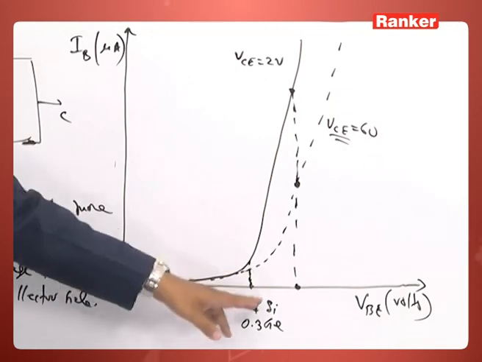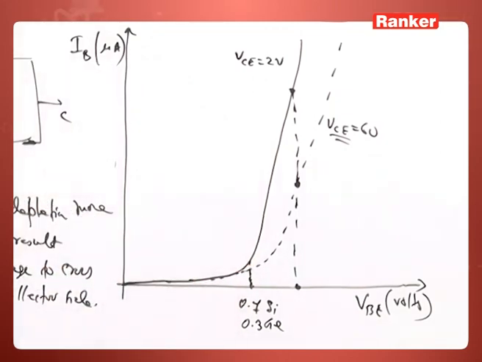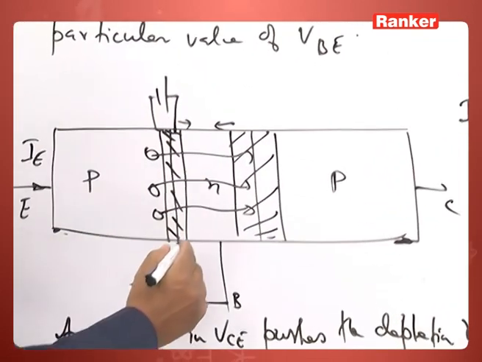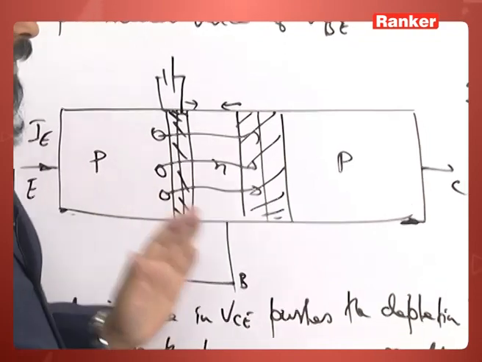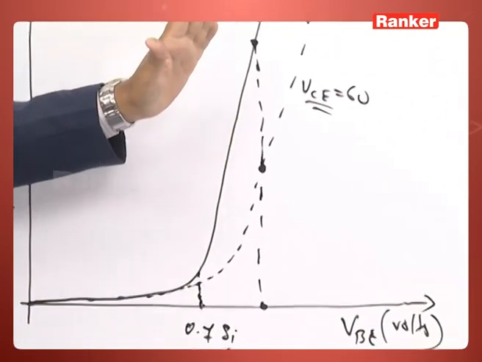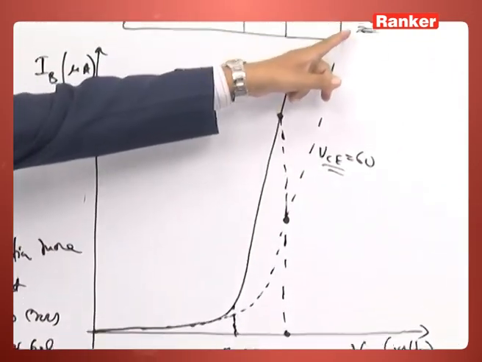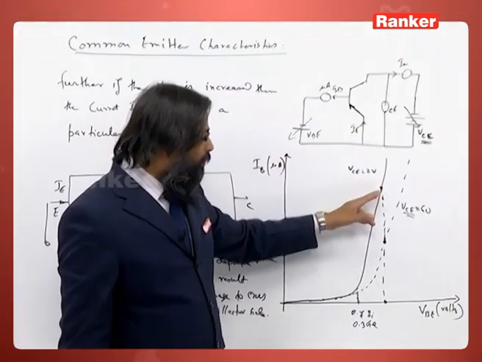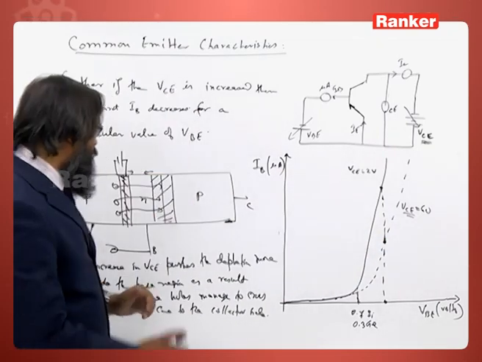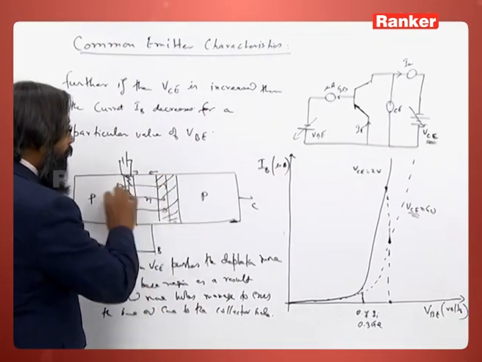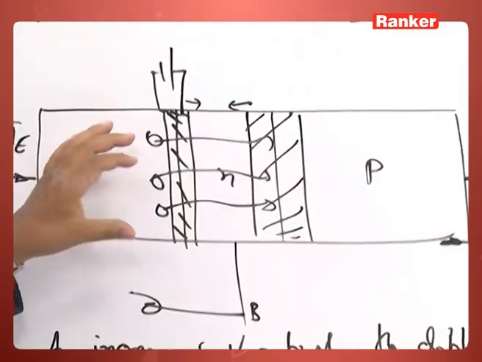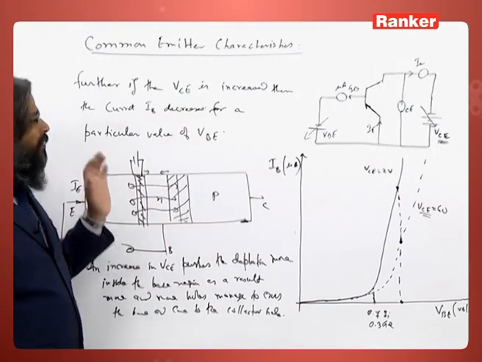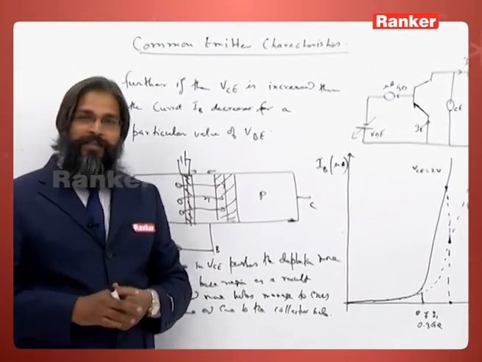Once we cross the potential barrier of this junction, the current varies linearly. And when I vary this VCE a small amount, we see that at a constant value of VBE, the current diminishes. That means the holes are able to cross over the base very efficiently. So, this is how the input characteristics are.